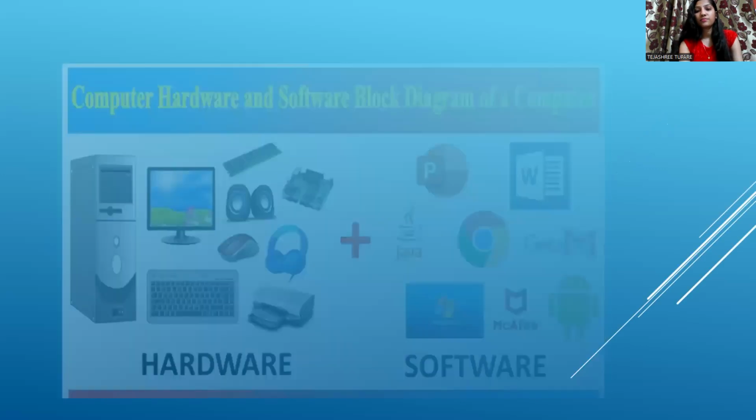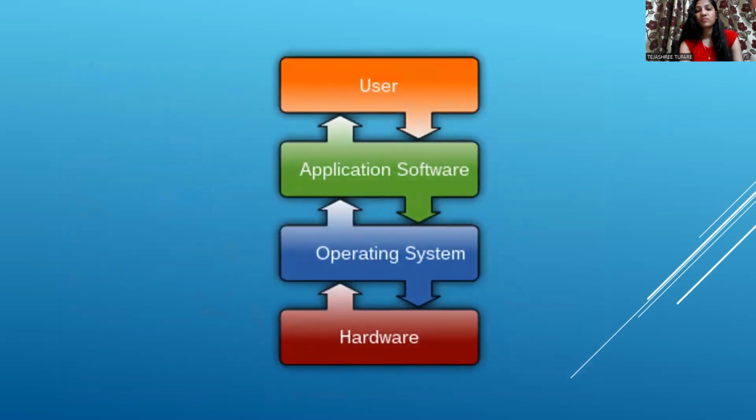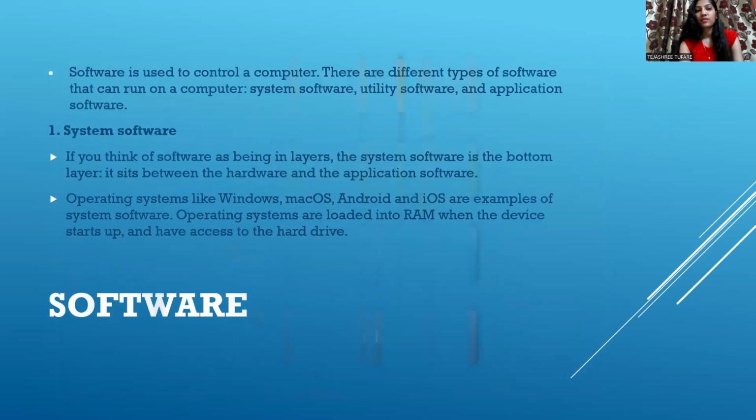See here, if you think of a computer as being layered, the system software is the bottom layer. It sits between the hardware and the application software, as you see in the diagram. The operating system controls each and every activity of your computer resources.